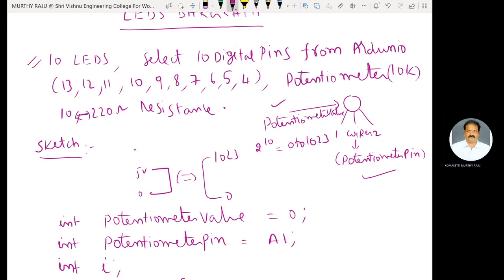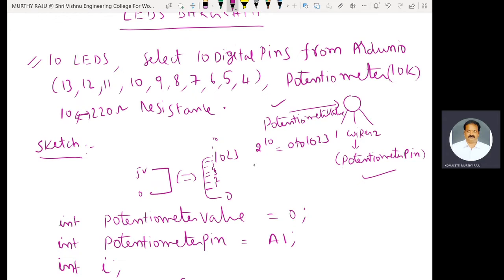We have to choose these values in 10 different intervals. In the zeroth interval, all are clear, or LEDs are not on. In the first interval, 1 LED is on. In the second interval, 2 LEDs are on. Third interval, 3, 4, 5 up to 10 LEDs. By using these values 0 to 1023, the LEDs are on.